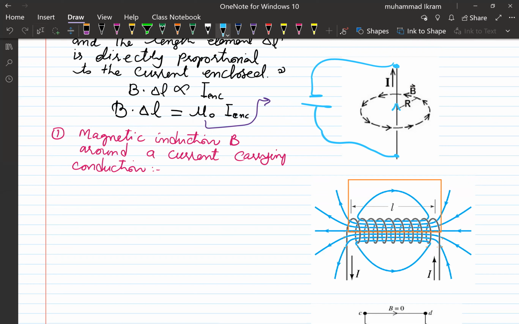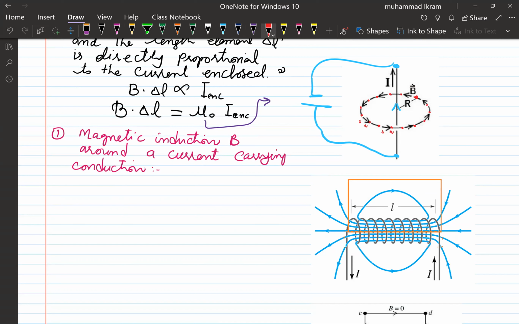Now we want to calculate the magnetic field intensity B around a point. Every point acts like a tiny magnet, with its direction indicated. This is north and this is south, as I just marked.